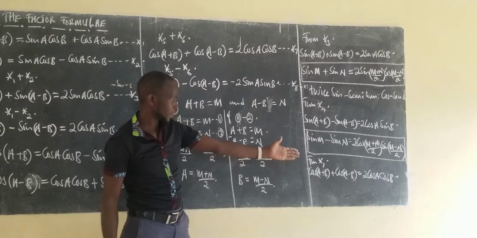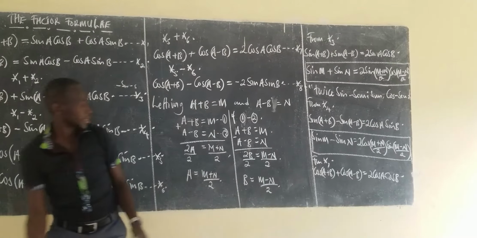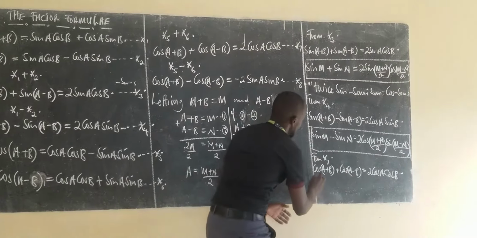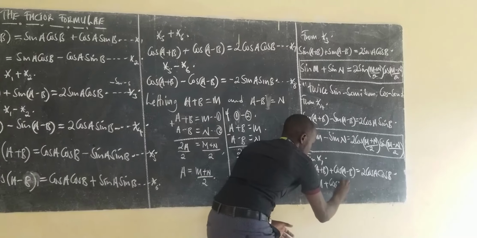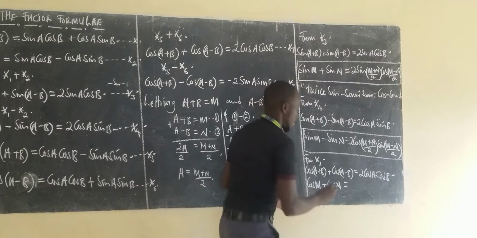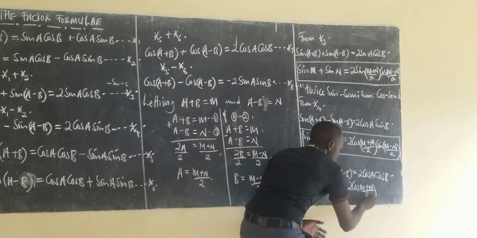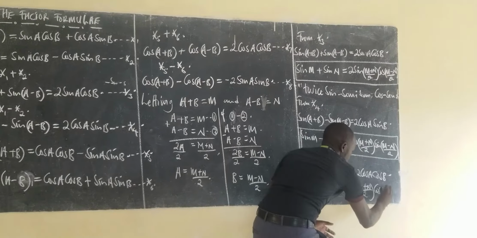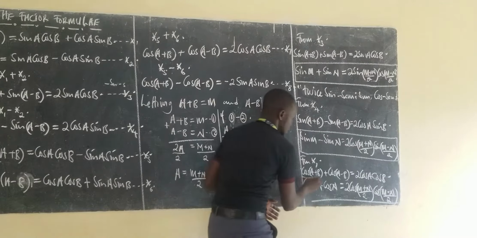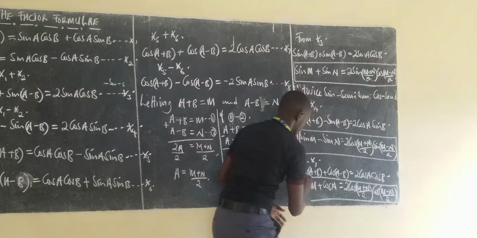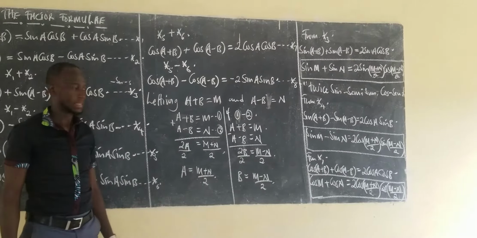You have A in terms of M and N as well. So do the substitution, just like we've done here. So we shall say it is cos of M plus cos of N, that is giving us 2 cos of M plus N out of 2, then cos of M minus N out of 2. This one becomes the factor formula for the sum of two cosines.